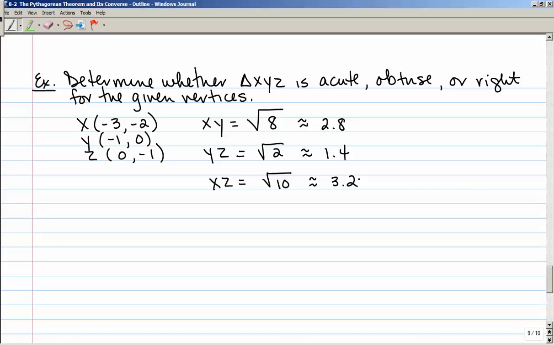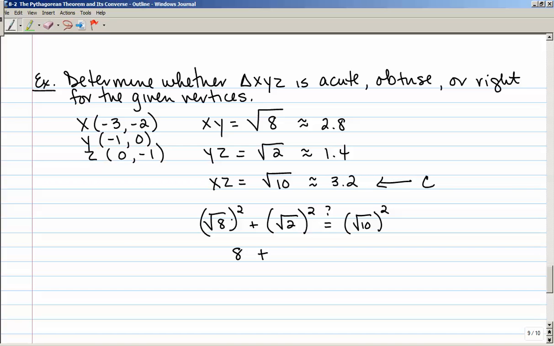The reason, and actually it's kind of obvious in this case, but it's always a good idea to take your square roots and come up with a decimal approximation, because I really need to figure out which one of these is going to be the longest. So if this is a right triangle, then XZ has to be C. So is the square root of 8 squared plus the square root of 2 squared equal to the square root of 10 squared?